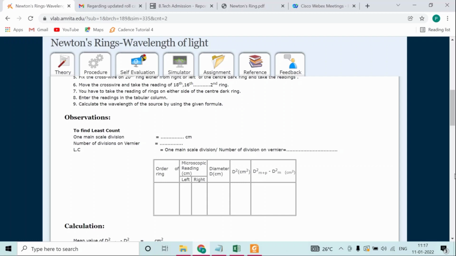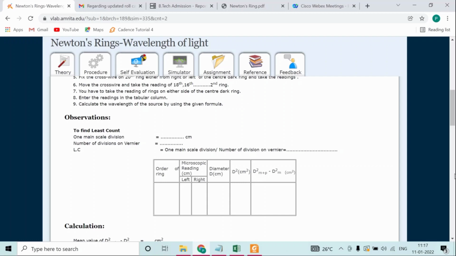Let us say, for example, my order of ring is 1. I will take the first ring and note down the reading. Then I will go for the third ring, and measure the left side reading and right side reading, and then take the difference.